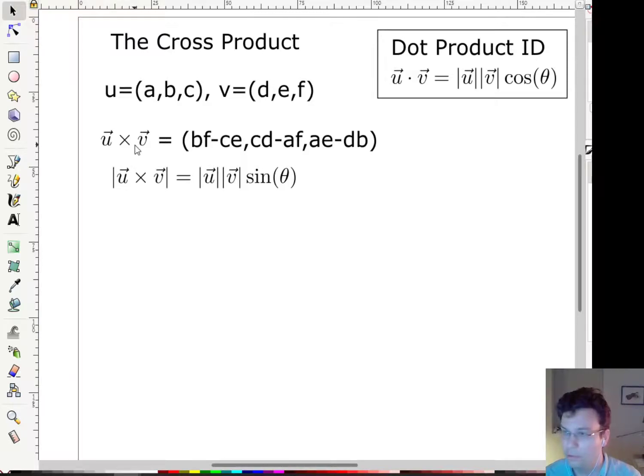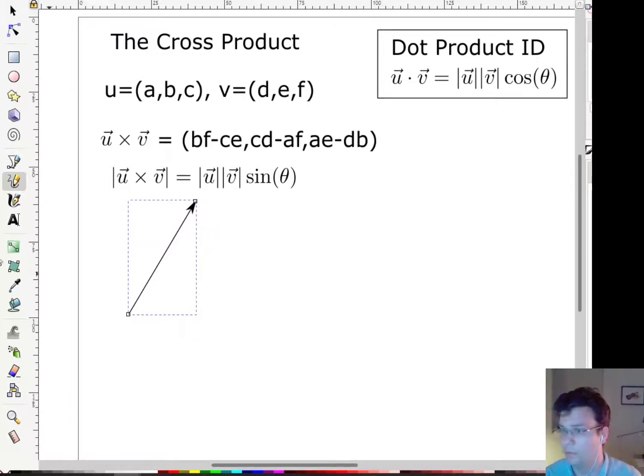So the magnitude of this vector looks a lot like the dot product, except instead of a cosine, we have a sine. And this has a nice geometric interpretation as well. We saw that the dot product identity was pretty close to a projection. This is going to be a little bit like an area. In fact, it is an area.